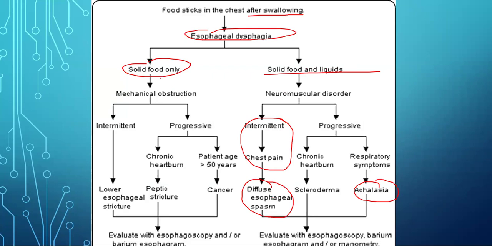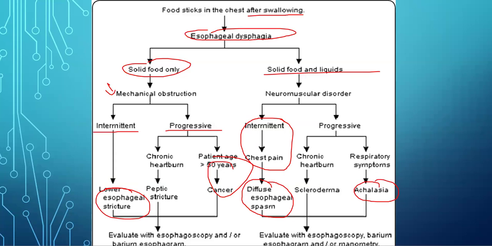Okay? How about solid? Solid means most likely there is a mechanical obstruction. Is it intermittent or progressive? If it is intermittent, then it is likely to be benign esophageal stricture. If it is progressively worse, then we think of cancer.